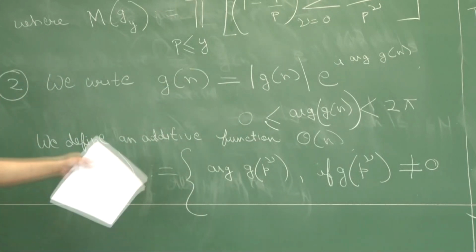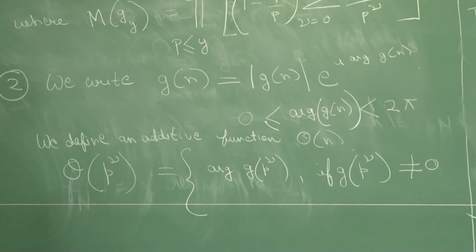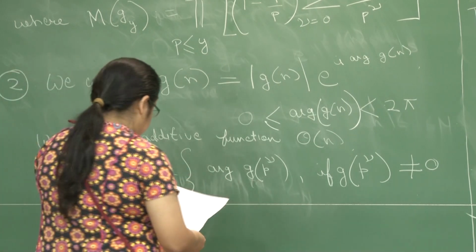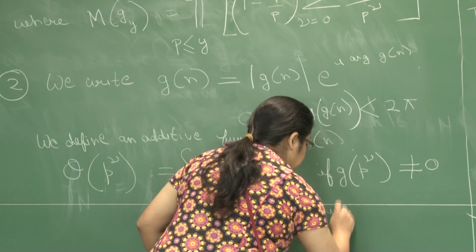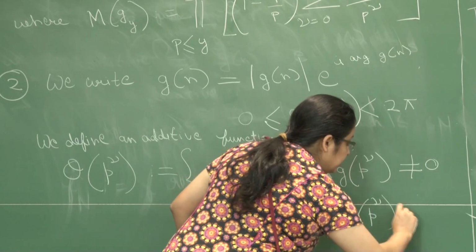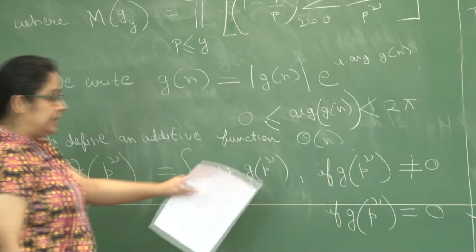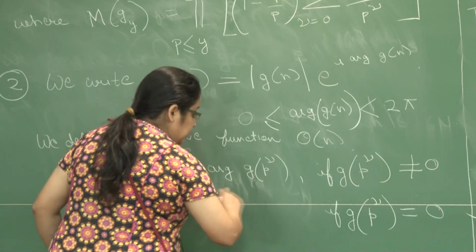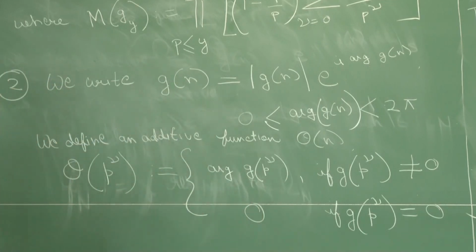okay, if you have g of p raised to the nu not equal to 0, then the corresponding angle is your theta, and if g takes the value 0 at a prime power p to the nu, then you just take this to be equal to 0, all right.